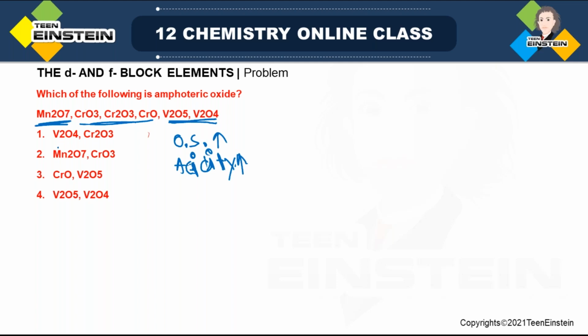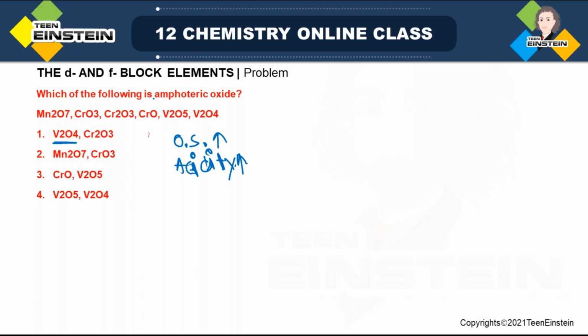In V2O4, can you tell me what is the oxidation state of vanadium? We have just discussed different oxides of vanadium, right? This molecule is neutral in nature and you have 4 oxygen atoms, 2 vanadium.